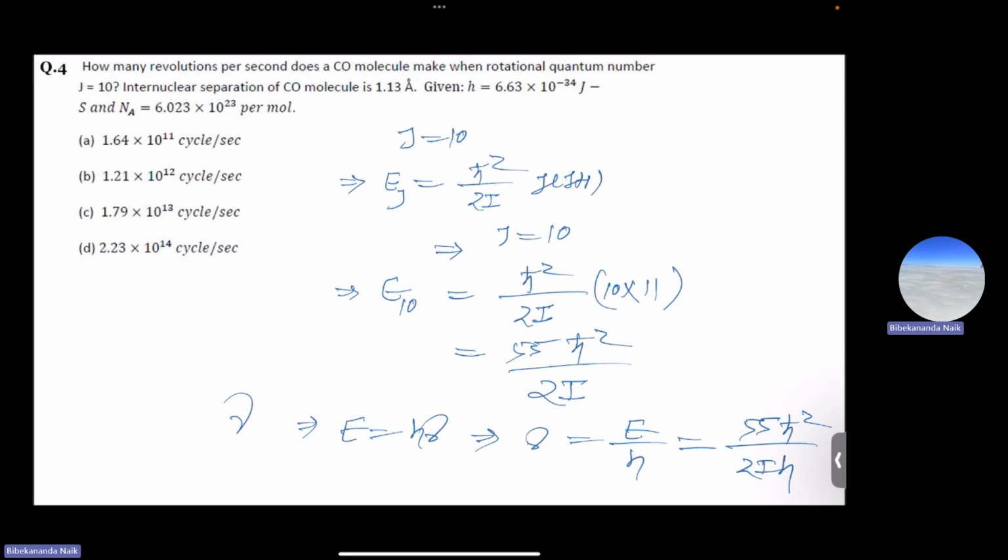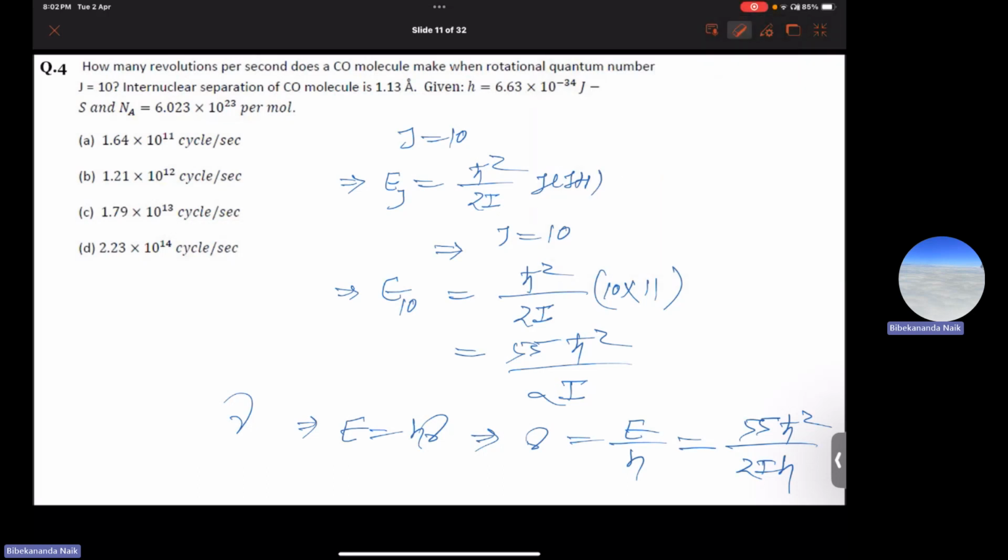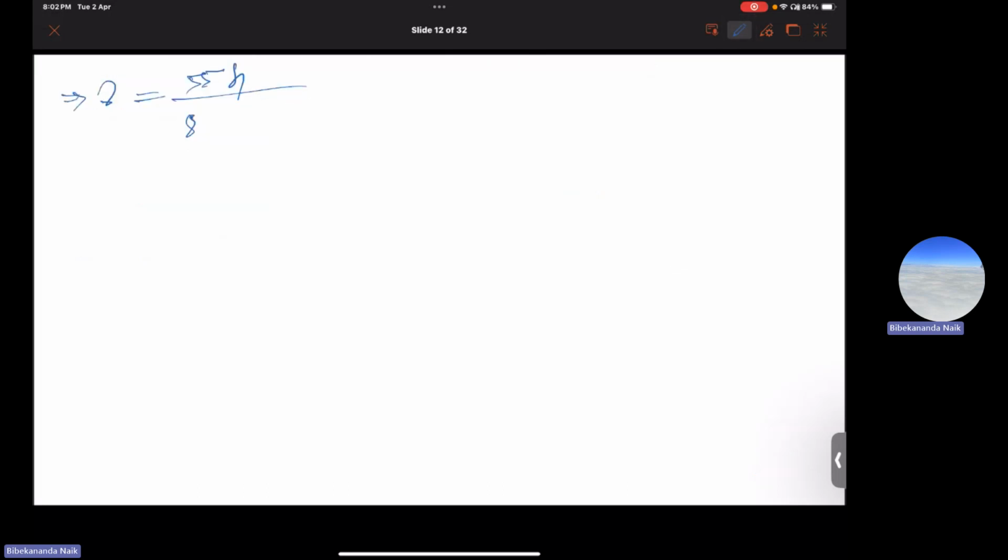So nu will be 55 h, and this is 2, so there will be only I h, which will be 4 pi square I.